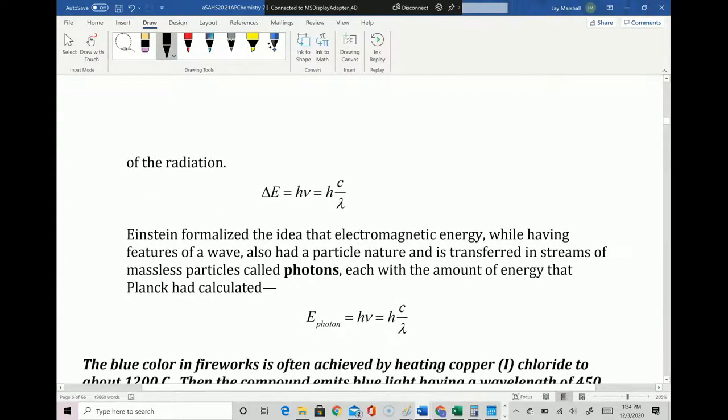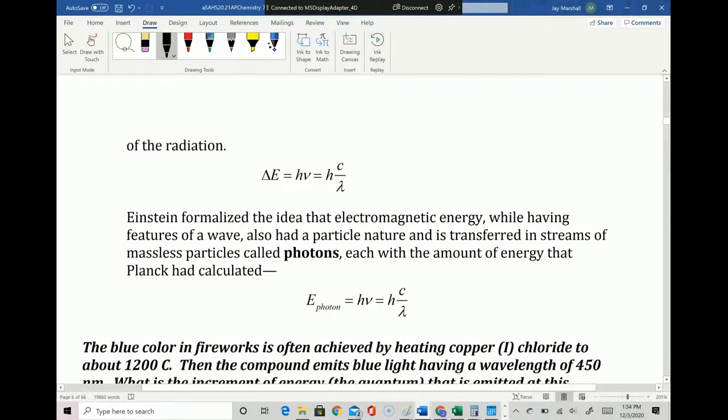So, if I have an electromagnetic wave, I can figure out how much energy is in that wave, and don't even think about trying to figure out where in this wave the photon is. Okay, that'll just drive you nuts. Don't worry about it, it's not important.